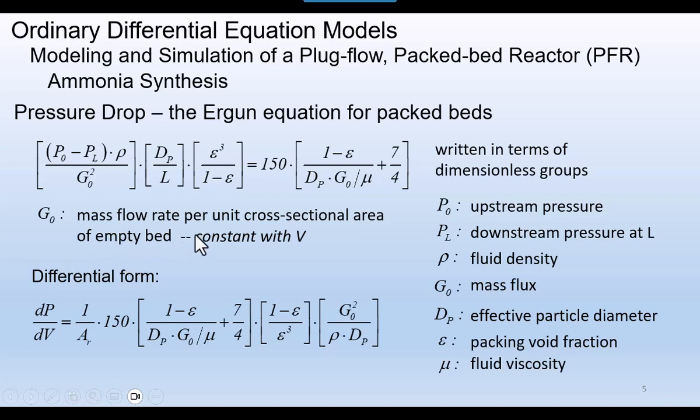And because of conservation of mass, this is constant with the volume. And then on the right-hand side, we have similar terms. And we can use this as the basis for coming up with a differential form for the derivative of pressure with respect to volume, and that's this expression here, okay?